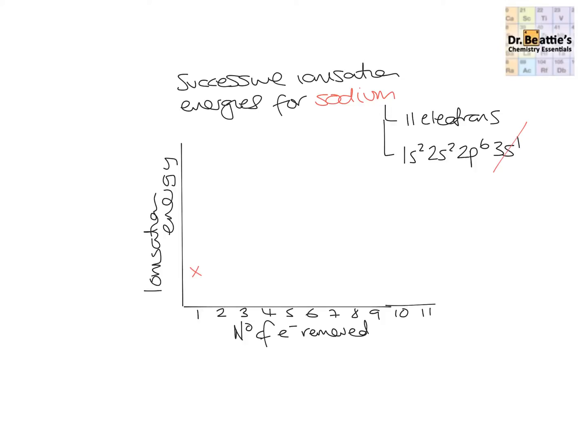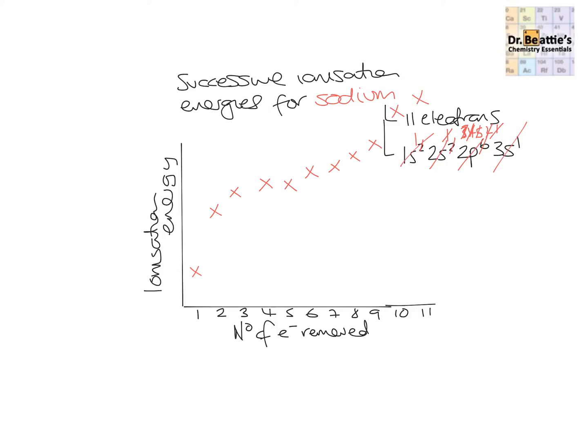As sodium is in group 1, we're going to see a massive increase after this first electron. So we're going to see a big increase when we remove the 2p6 electron. And then for the next electrons, we're going to have a steady increase. And now as we enter the 1s2, there's going to be another increase.